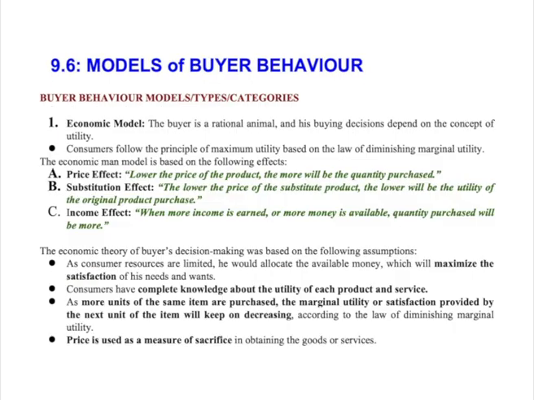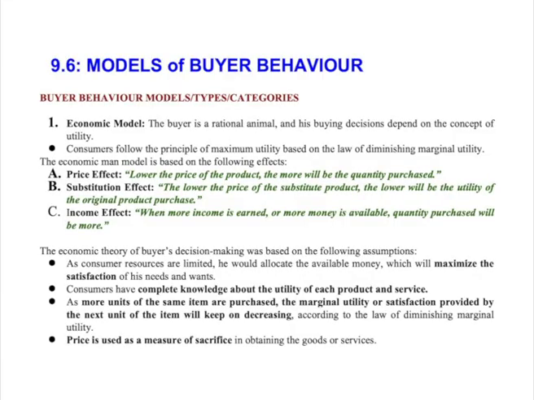In terms of the first model, that is the economic model, we understand that a human is a rational animal. So, it depends on our utility function that our buying decision can vary. Consumers follow the principle of maximum utility. It is based on diminishing marginal utility.